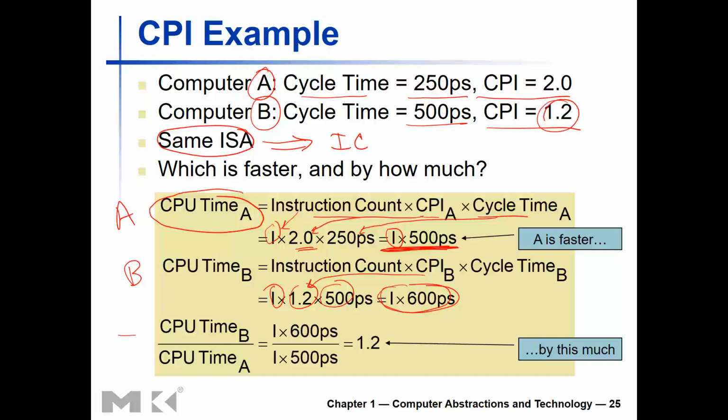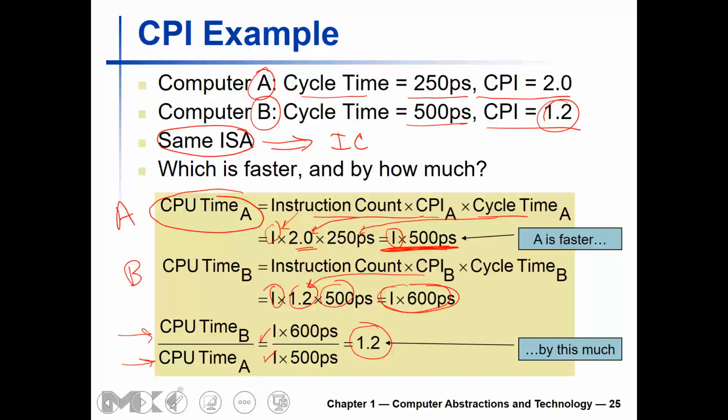We divide CPU time for computer B by CPU time for computer A to measure the performance improvement in computer A: 600 picoseconds times I divided by 500 picoseconds times I comes out to a ratio of 1.2. So that is how much faster computer A is compared with computer B.